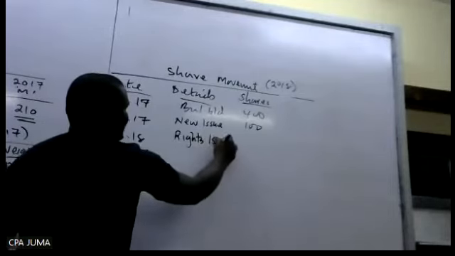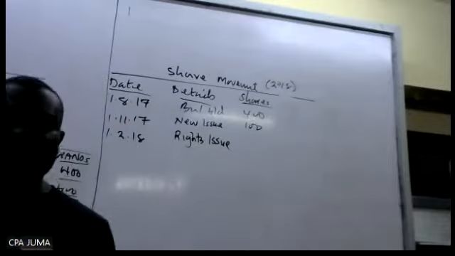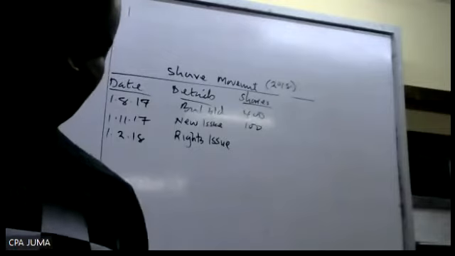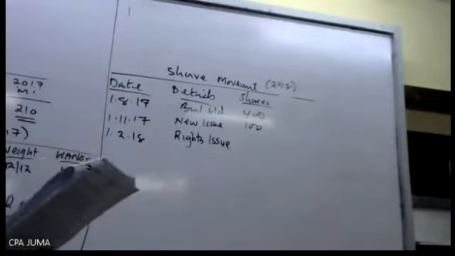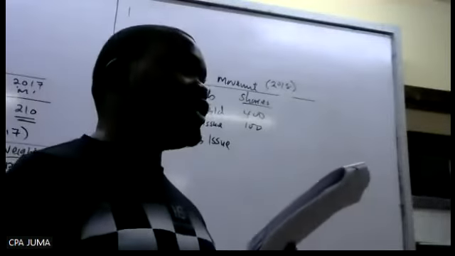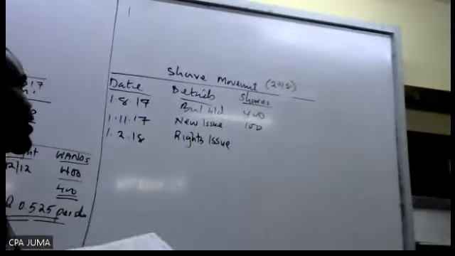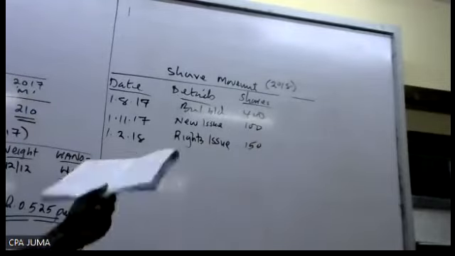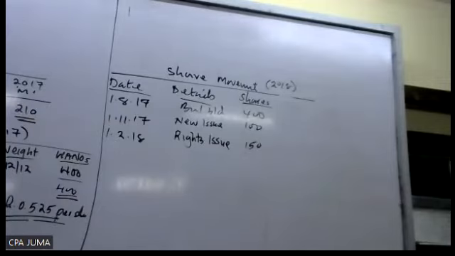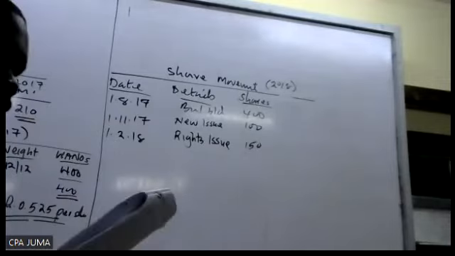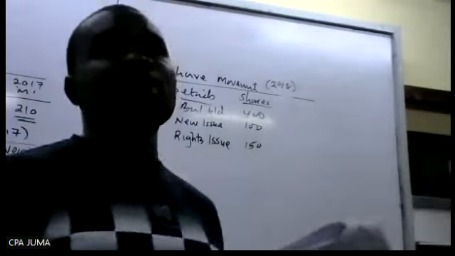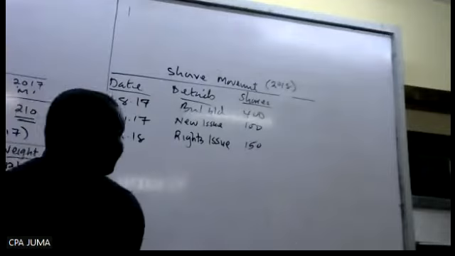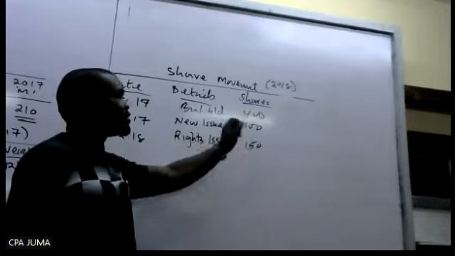Rights issue. Can you check for me, how many shares did you get through the rights issue? It is the 150. But I want to know the basis. How did they get 150? How many shares were there before the rights issue? 500. The shares before the rights issue, this plus this, 500.